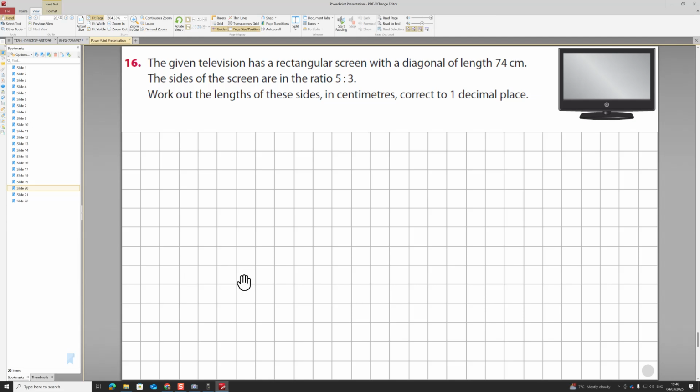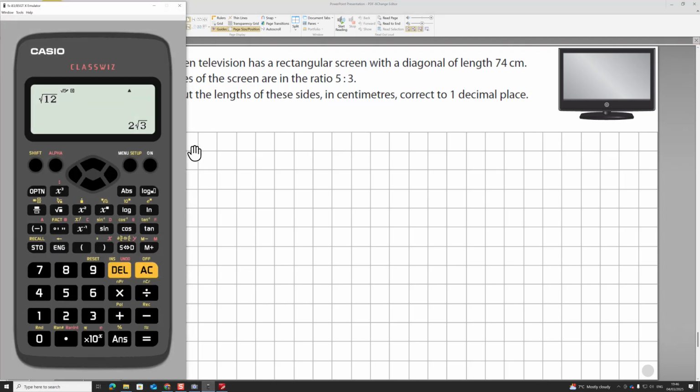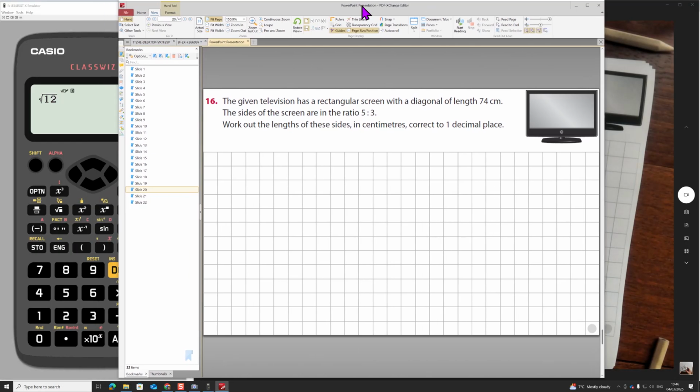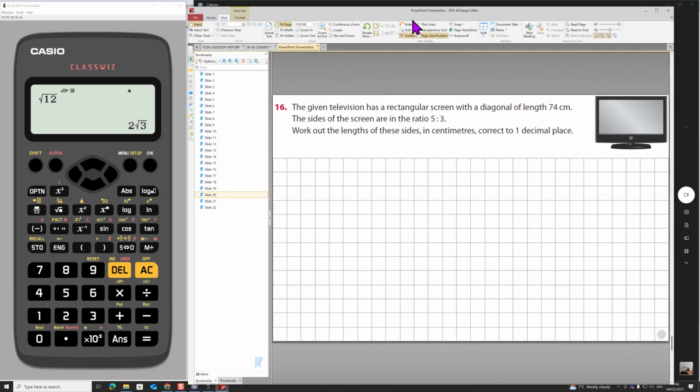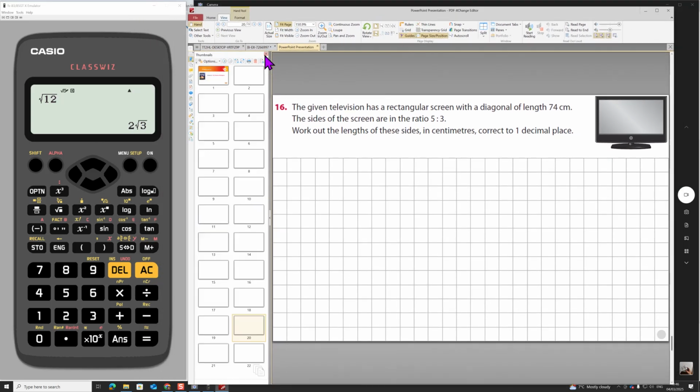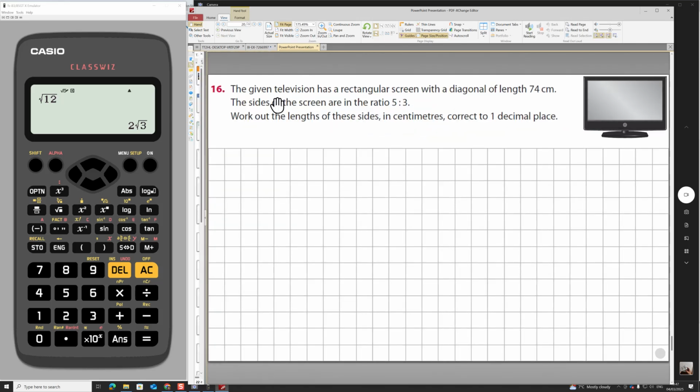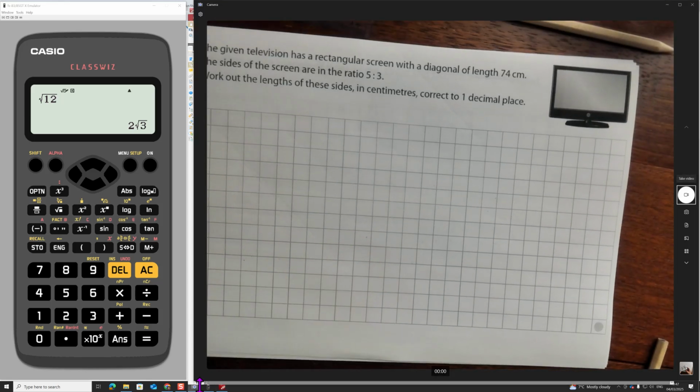So the given television has a rectangular screen with a diagonal of length 74. Okay, we want to start drawing, interacting, so let's go to camera here and get my straight edge.